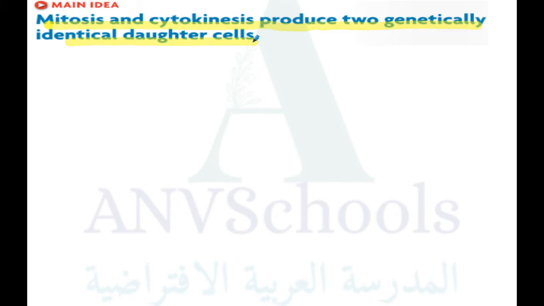What we mean by the daughter cells being identical is that the DNA is copied and also the other organelles inside the cell are doubled and divided into two genetically identical cells.